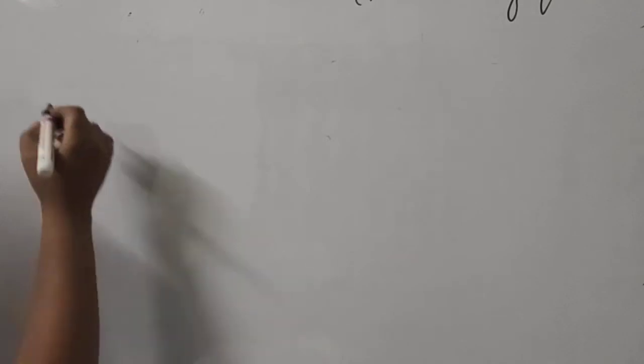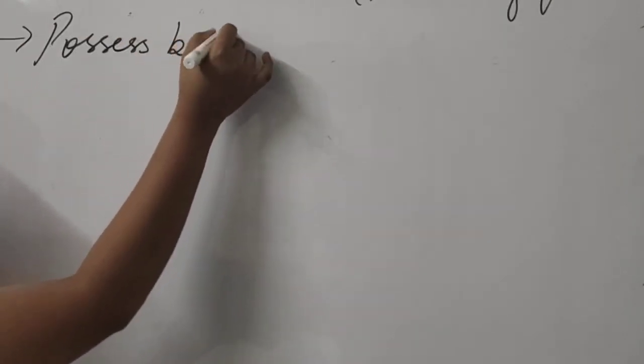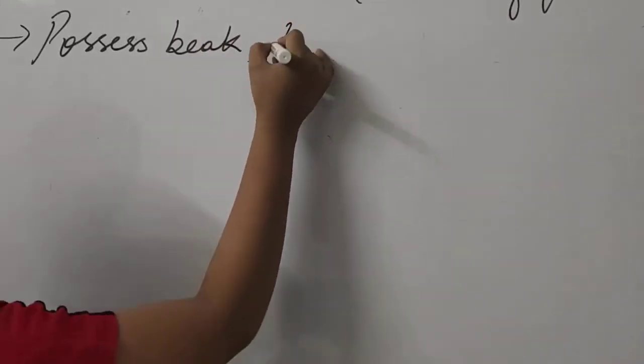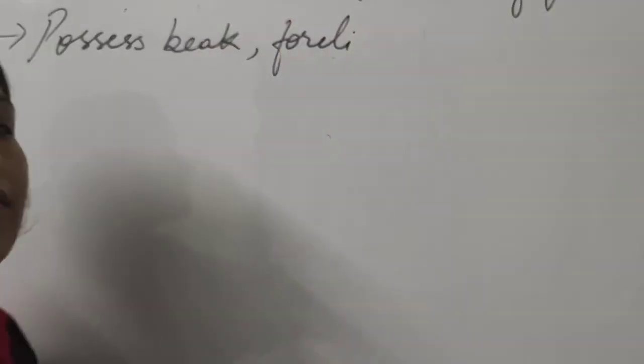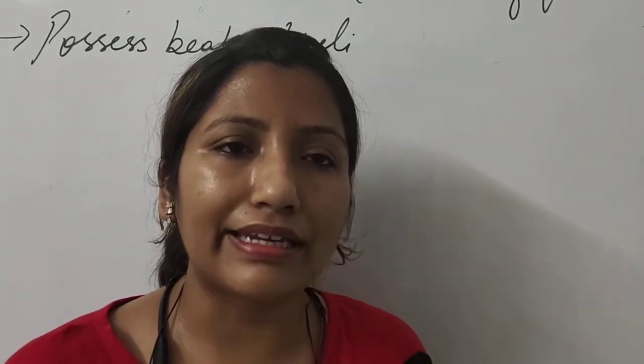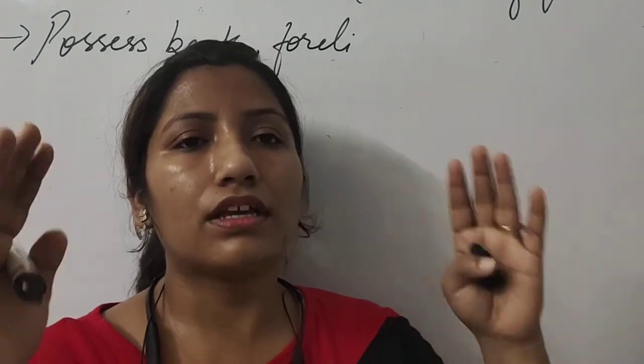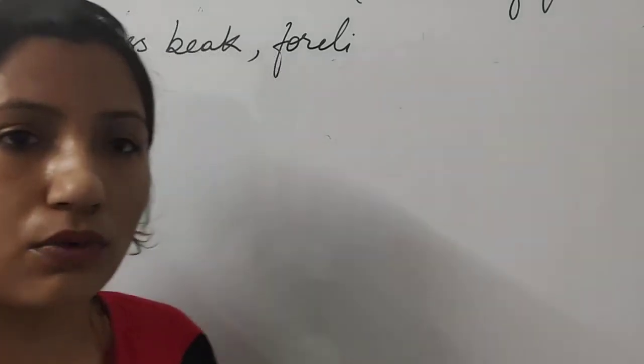Okay. And they possess beaks, forelimbs. So they also have 4 limbs, but these bottom limbs are called hind limbs and these are called forelimbs. In case of aves, these forelimbs are modified into wings.